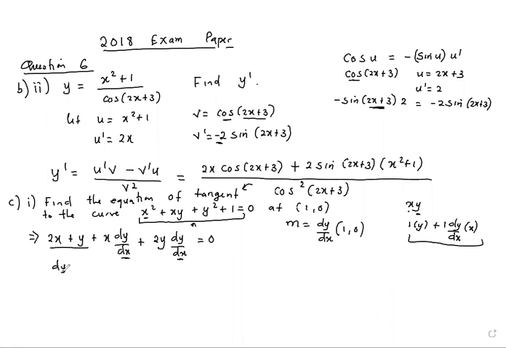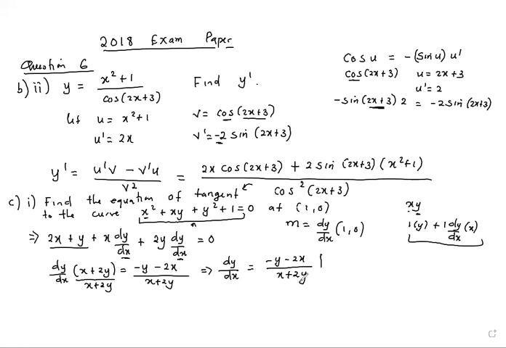So you have dy/dx, and then what remains is x plus 2y, which is equal to negative 1 minus 2x. Divide by x plus 2y on both sides, so that we get dy/dx is equal to negative 1 minus 2x over x plus 2y.